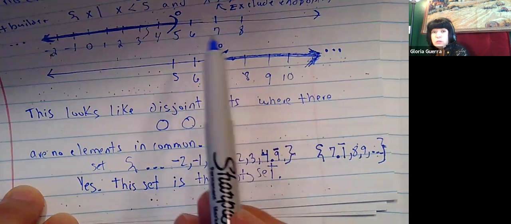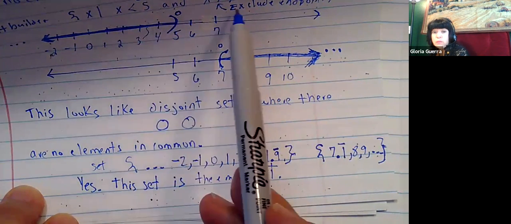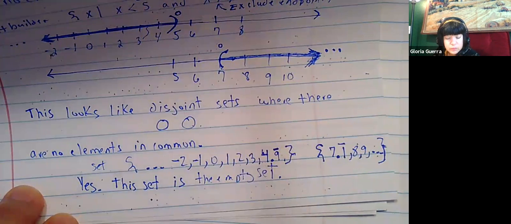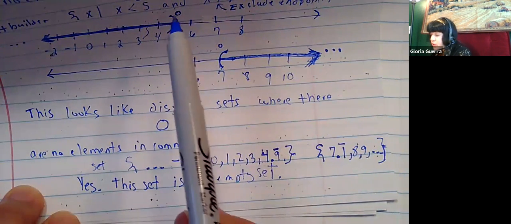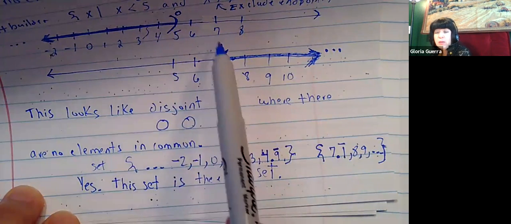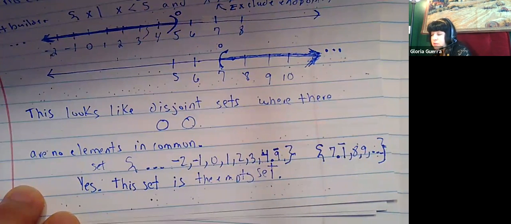Here was your set builder notation up here, right? Determine if the set is the empty set. So here's our set, and I like our picture of this, but empty set means that it contains no elements.